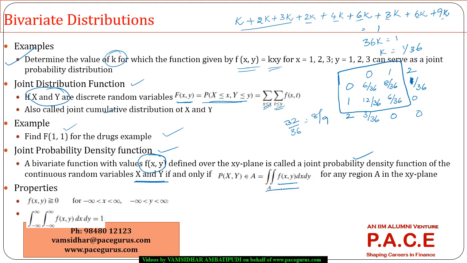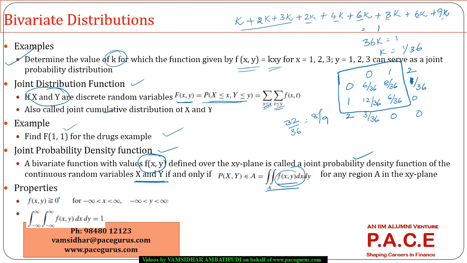We should be able to integrate it for any region A in the xy plane. Then we are calling this the joint probability density function.